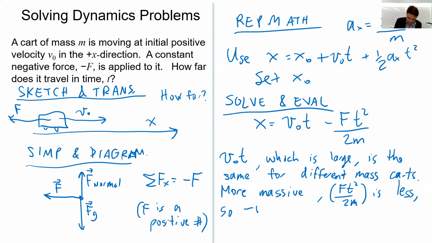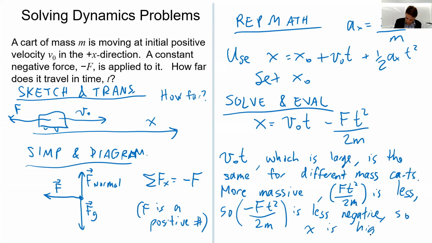So negative ft squared over 2m is less negative. So x is higher. It's a bit complicated there. But again, the idea is that the more massive cart has a smaller negative acceleration. So it has more of its own inertia and goes farther.